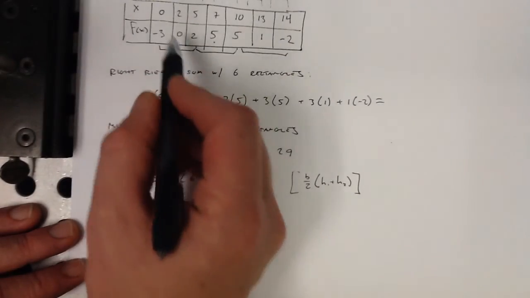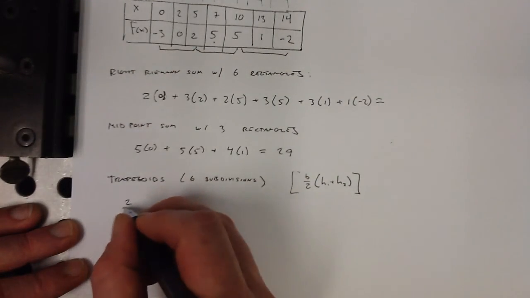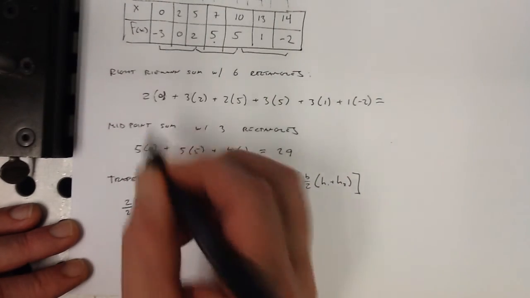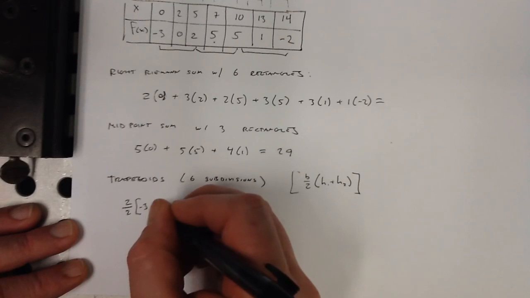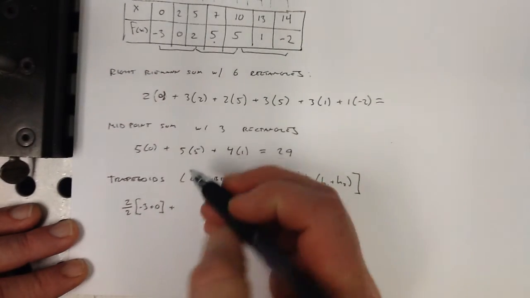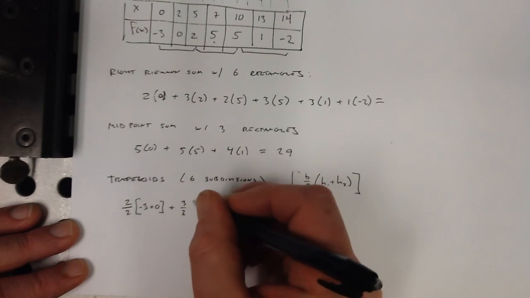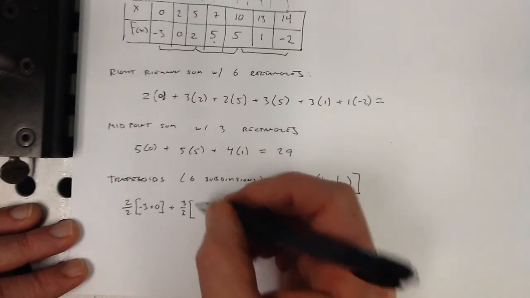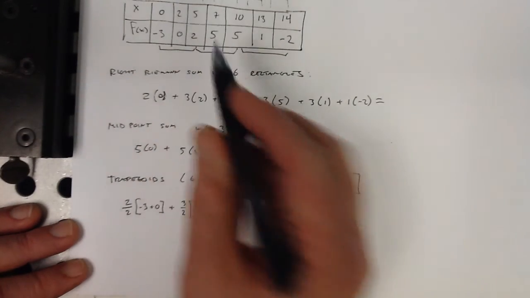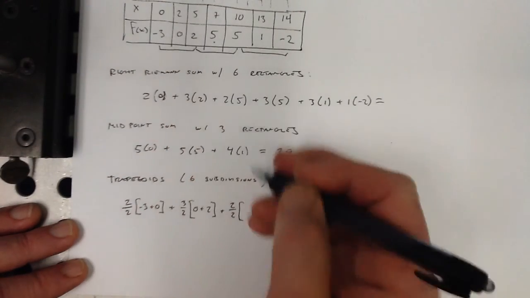So the first trapezoid, the base is 2 over 2 times the sum of the heights, -3 plus 0. Second trapezoid is 3 as the base over 2, always over 2, 0 plus 2, plus next one is 2 as the base, 2 plus 5.